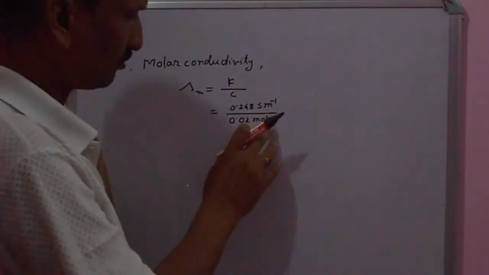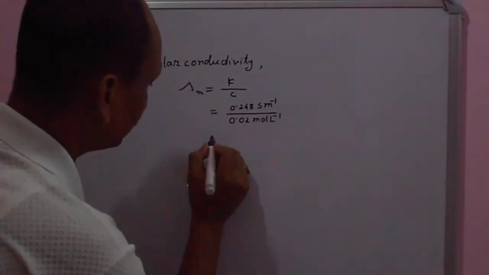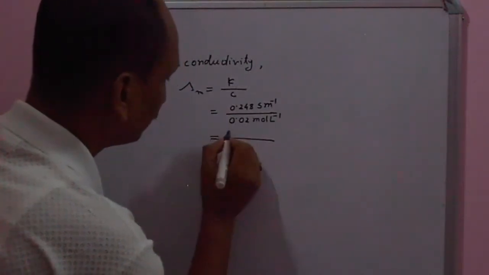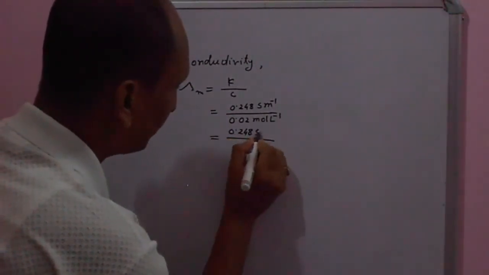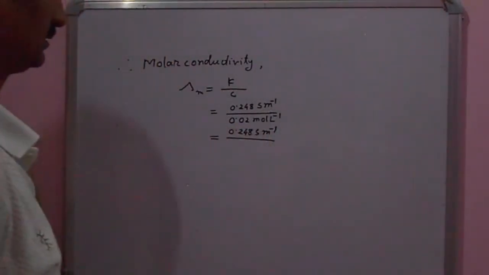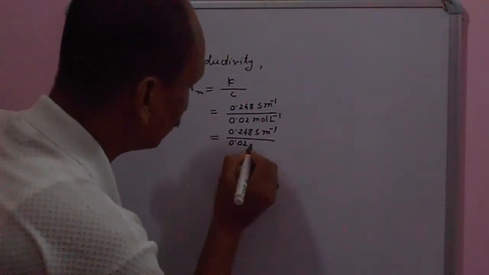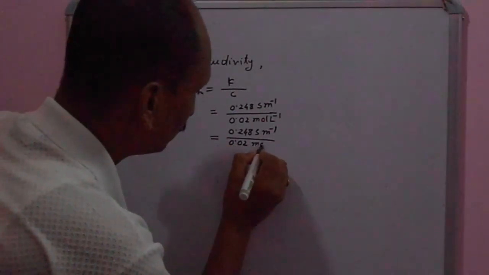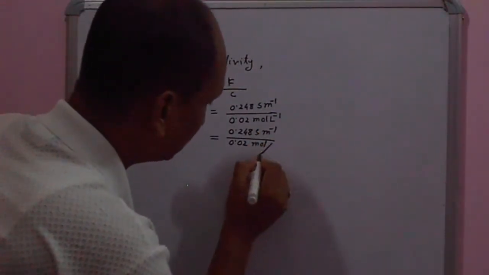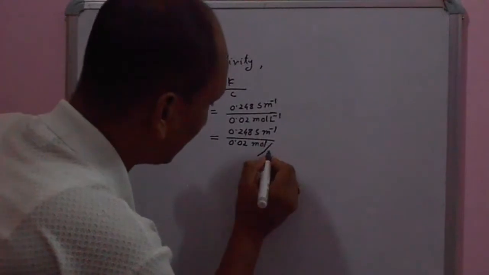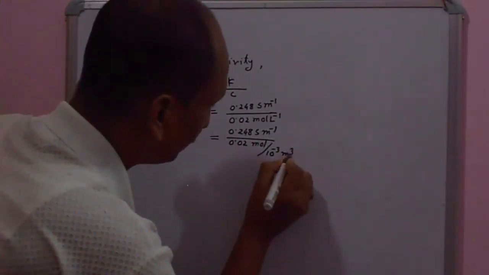That means we have to convert liter to meter cube. So it will be equal to 0.248 Siemens meter inverse divided by 0.02 mole per liter, and if you convert liter to meter cube, then that will be equal to 10 to the power minus 3 meter cube.